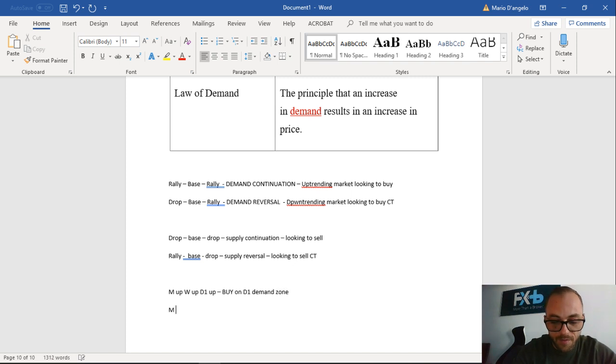If the monthly is up, the weekly is up, and the daily is down, we'll be looking to buy on weekly demand zone. If the monthly is up, weekly is down, and daily is down as well, we'll be buying on monthly demand zone.